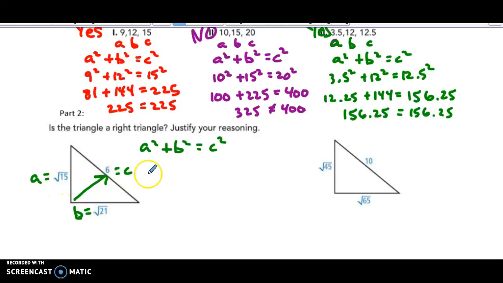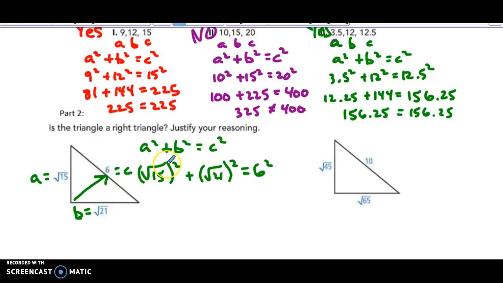So now let's substitute. So I'm going to do radical 15 squared plus radical 21 squared equals 6 squared. Radical is another way of reading the square root bar. It's the way you'll refer to them in algebra. So when I say radical 15, it just means the square root of 15.